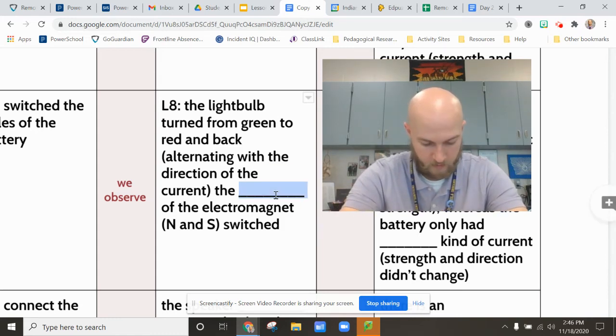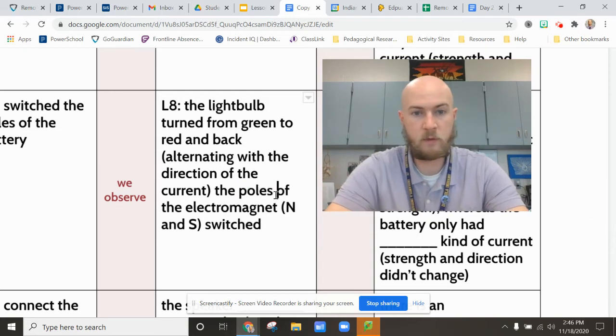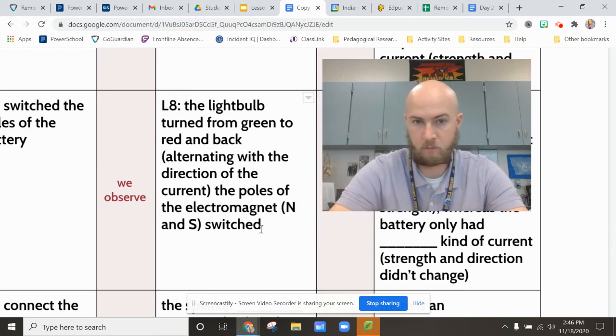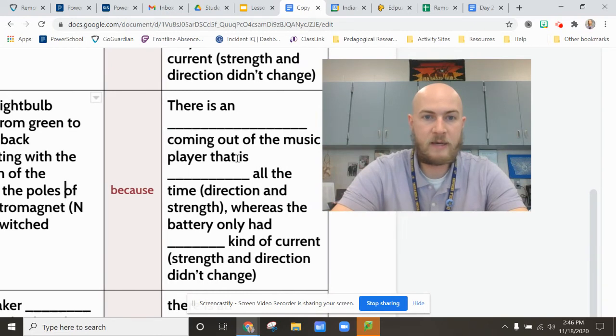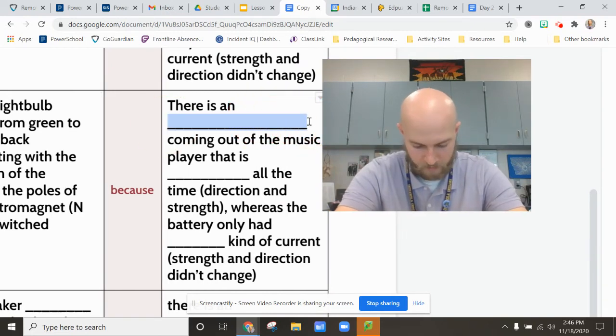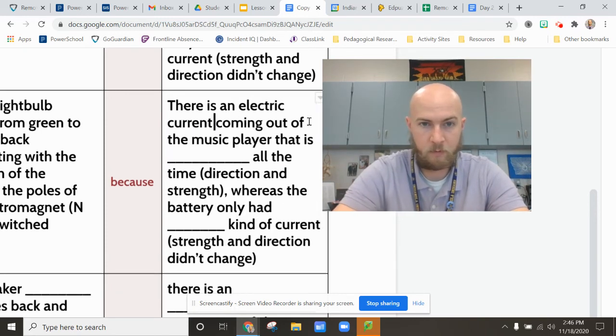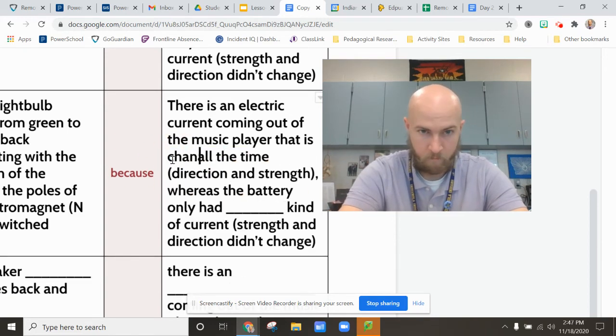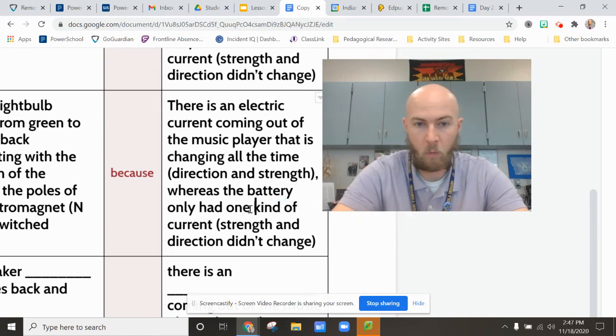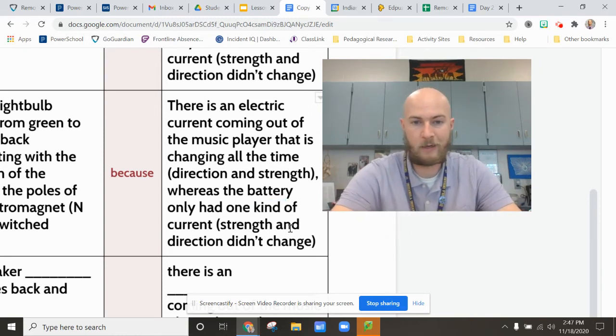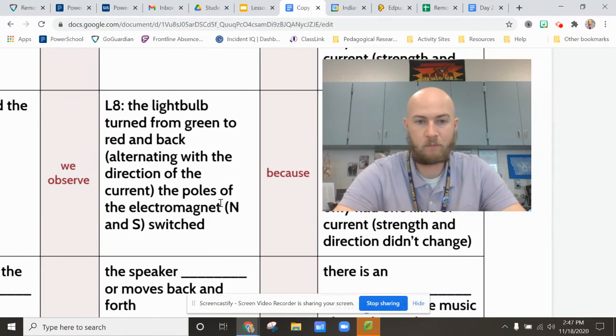And then we also want to add the poles of the electromagnet switched. Now, they did this for a reason. And that reason is that there is, again, an electric current coming out of the music player that is changing all the time, whereas the battery only had one kind of current, and it changed in strength and direction.